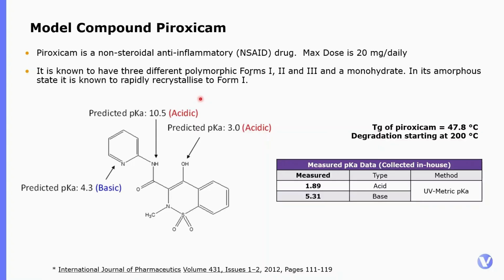And when we compared our experimentally measured pKa against the calculated value from Percepta, we can see very small but noticeable differences of around 1 unit between the experimental that we collected in-house and the predicted values.